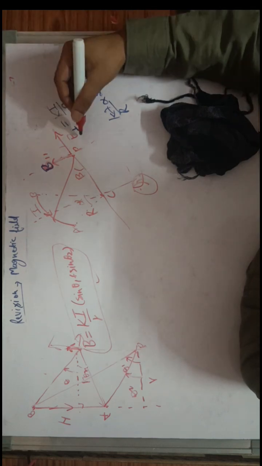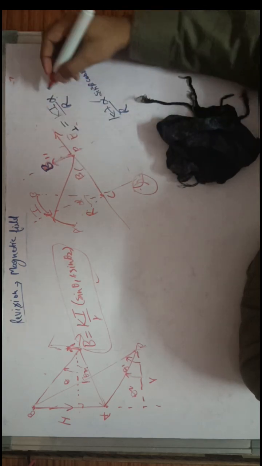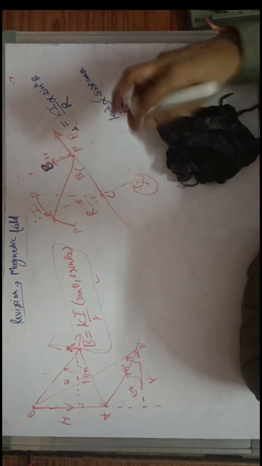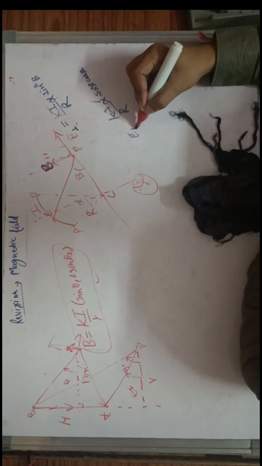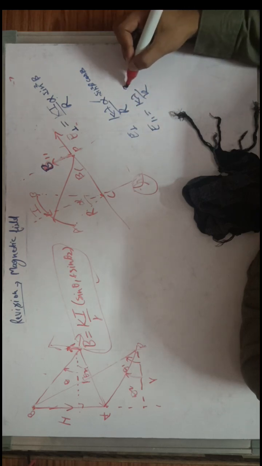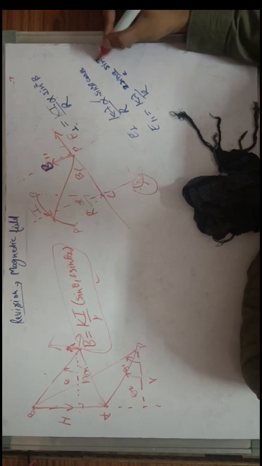But in case of magnetic field perpendicular, this alpha will remain the same here, but the beta part will become sine cube beta. This was the formula of E perpendicular, and E parallel was given by k lambda by r, 2 times sine alpha by 2 into sine cube beta.